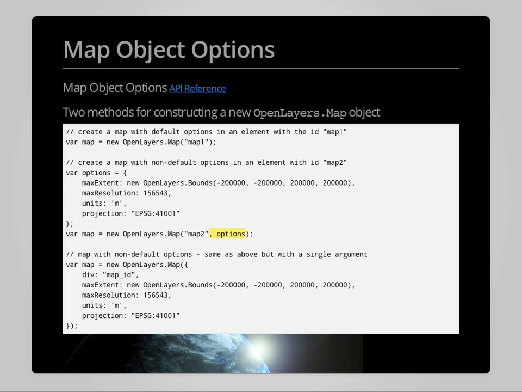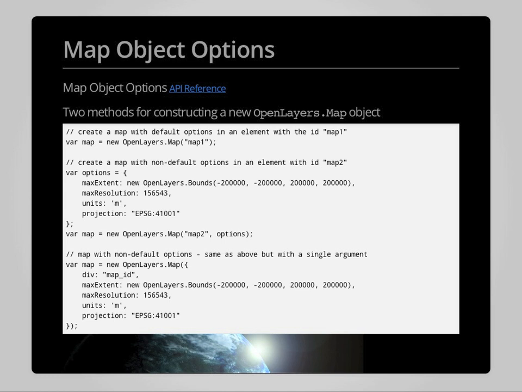And you can see that in the third example here, where instead of inserting right after the opening parenthesis for the OpenLayers.map command the identifier, the ID of the div that we want to attach the map object to, we can just include that piece of information in with the other options as a part of the set of options that are specified for the map.